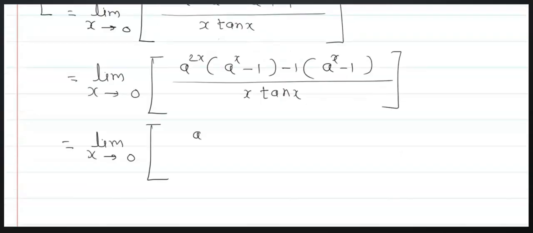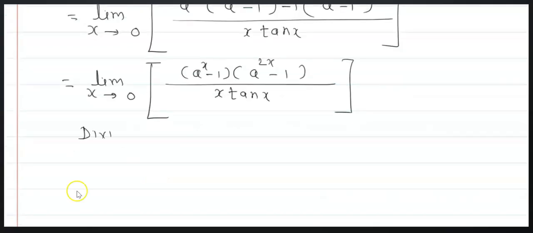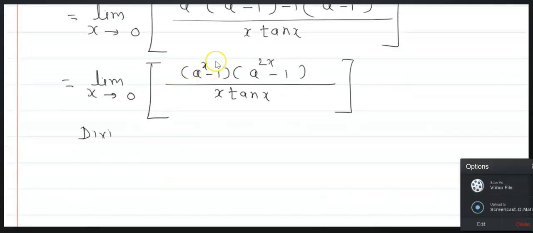Limit x tends to 0, a raised to x minus 1 in second bracket a raised to 2x minus 1 upon x tan x. Now divide numerator for this term. It requires 1x and it is also x. Therefore divide n and d by x square.